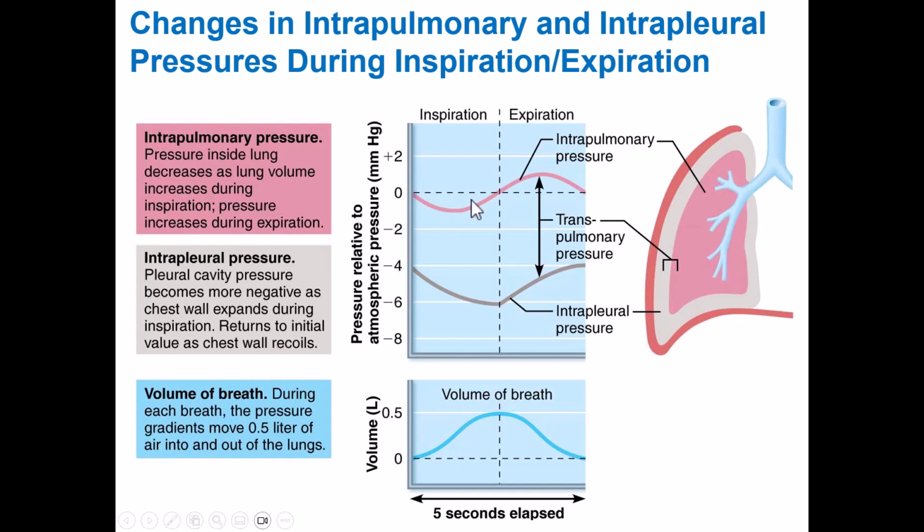It is now less than the atmospheric pressure, and so air moves from the atmosphere into your lungs. When you're doing quiet expiration, the intrapulmonary pressure goes up because the volume of your lungs has gone down, and is now greater than atmospheric pressure. So air is going to move from the lungs to the atmosphere.